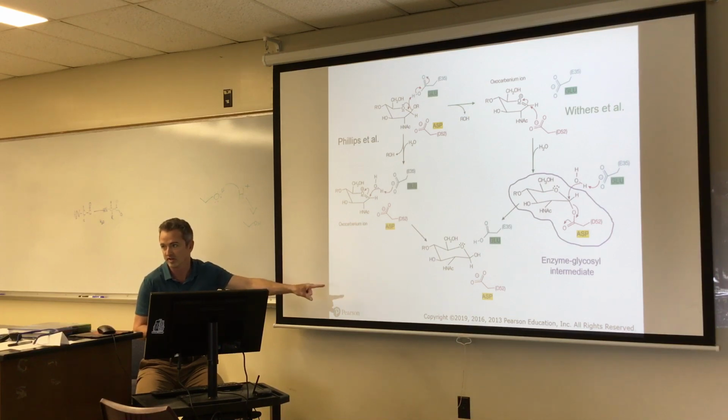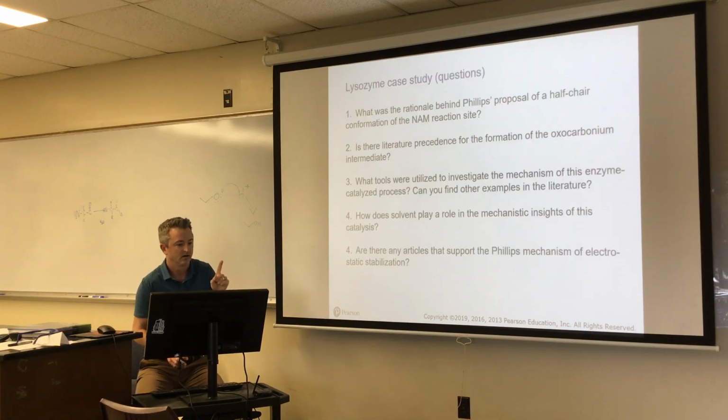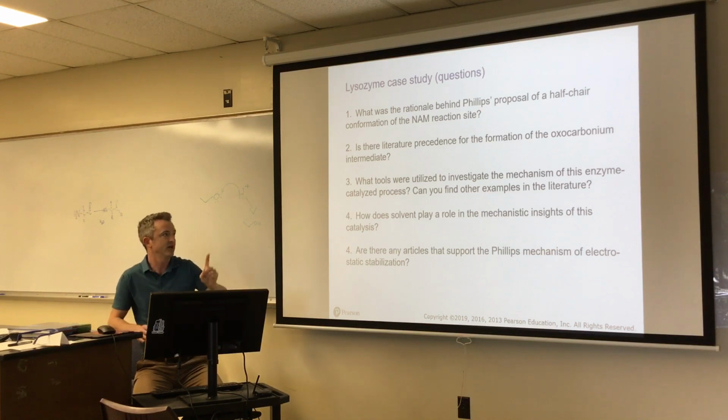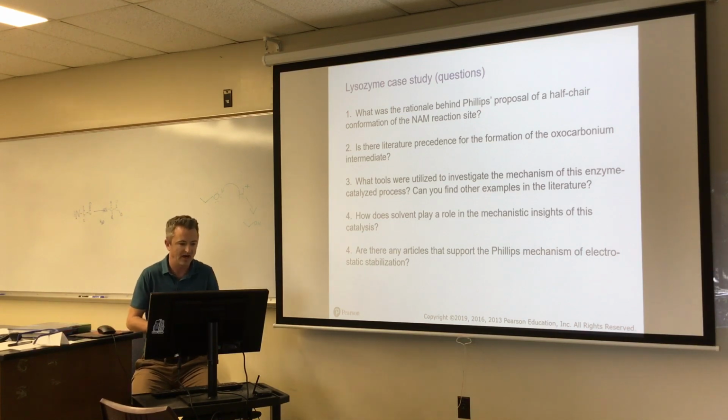So my questions to you today, number one, what was the rationale behind Phillips' proposal of the half-chair conformation of the NAM reaction site? And number two, is there literature precedence for the formation of the oxocarbenium intermediate?